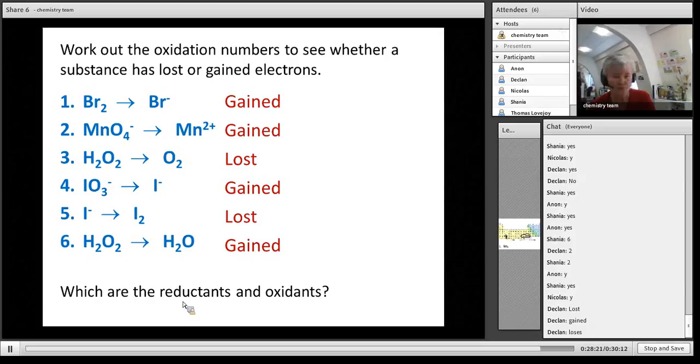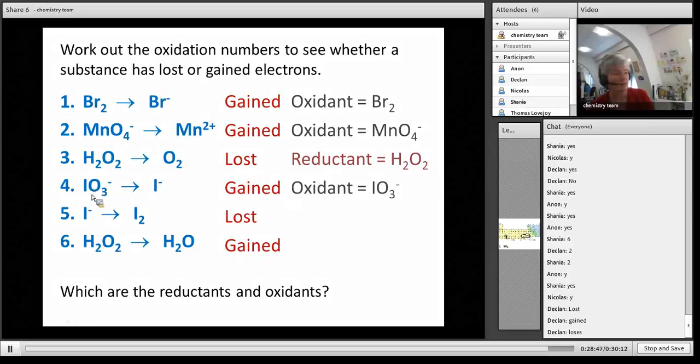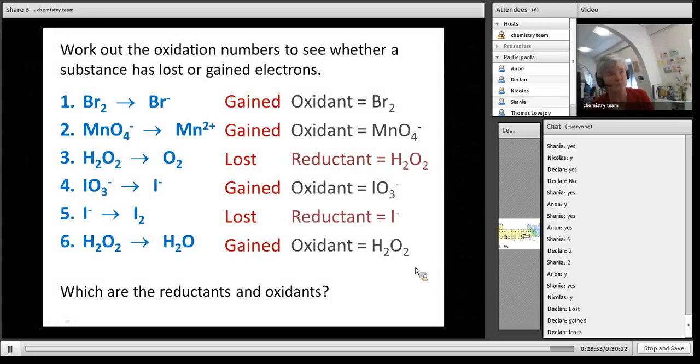It loses. If I have to hand over to you, I'm the reductant, I'm making you gain. So Br2 is an oxidant because it's gained electrons. This one has gained, so it's also an oxidant. Here, if it's lost, it's had to hand over electrons, so it's the reductant because it's reduced something else. So this is an oxidant, this is a reductant, and here hydrogen peroxide is the oxidant again.